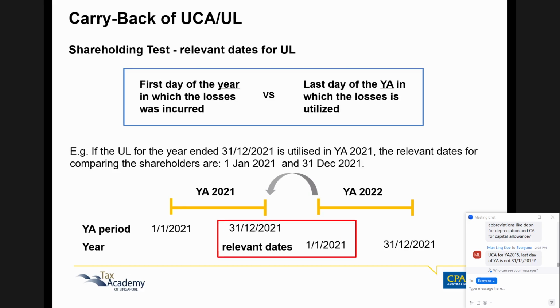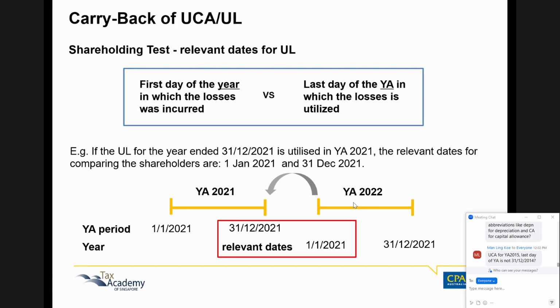So for the shareholding test for UL, we have to look at not just the YA. I think we look at an example. For UL for the year ended 31st December 2021, which is YA 2022, utilized in YA 2021, relevant dates.